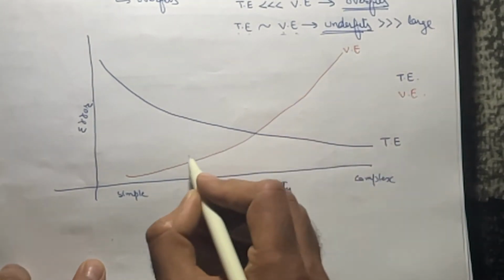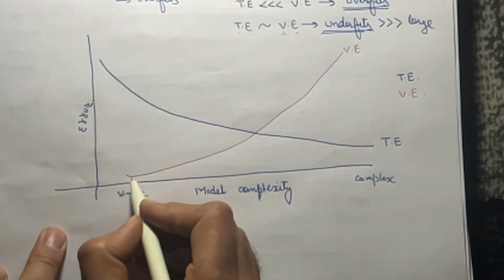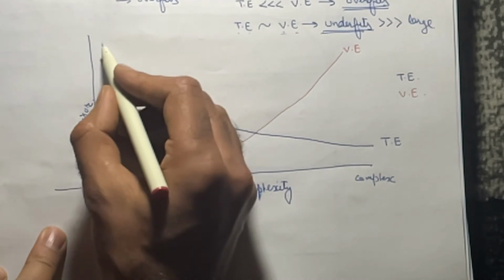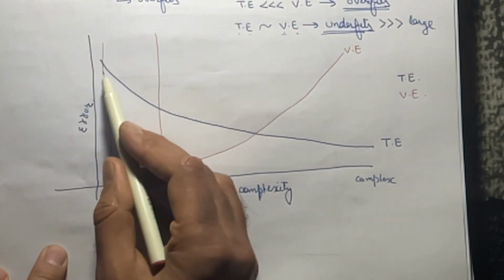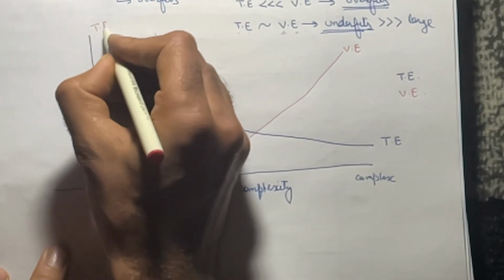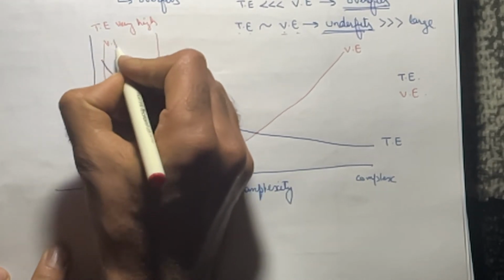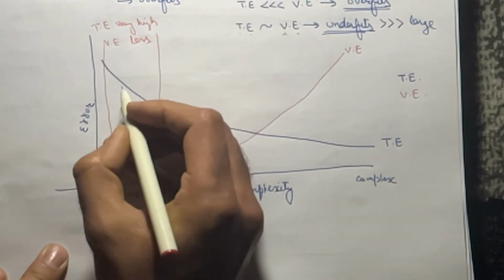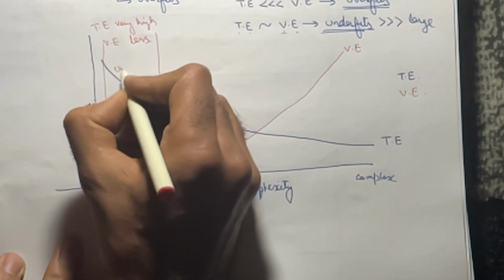This is the validation error curve and this is the training error. In this particular section, the training error is very high and the validation error is less. We usually say that these models underfit.